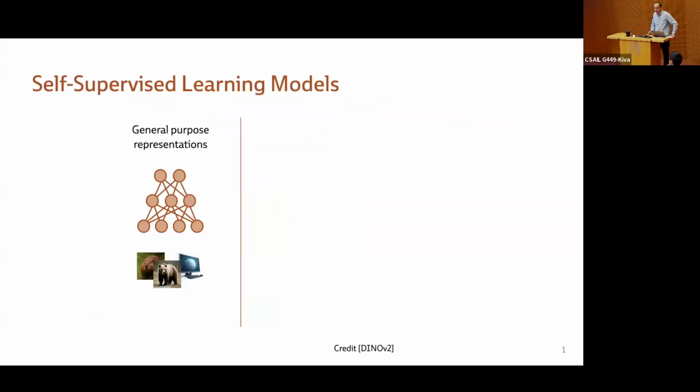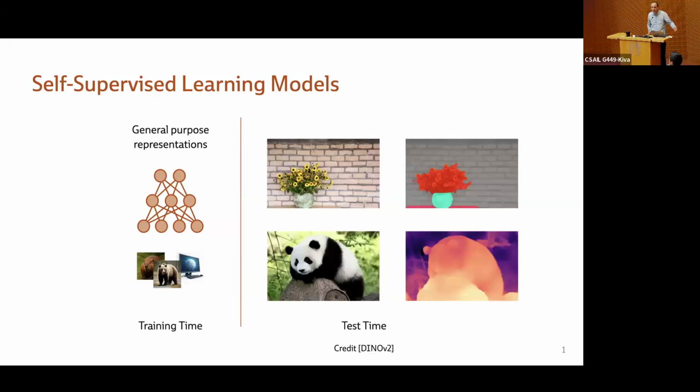Self-supervised learning has achieved impressive results these days, and it has allowed neural networks to learn general purpose representations out of large amounts of data. Once you have trained the neural network to learn these representations, you can tackle some downstream tasks.